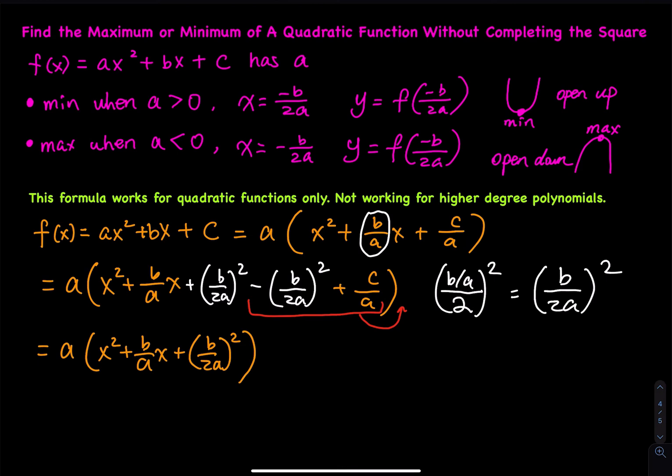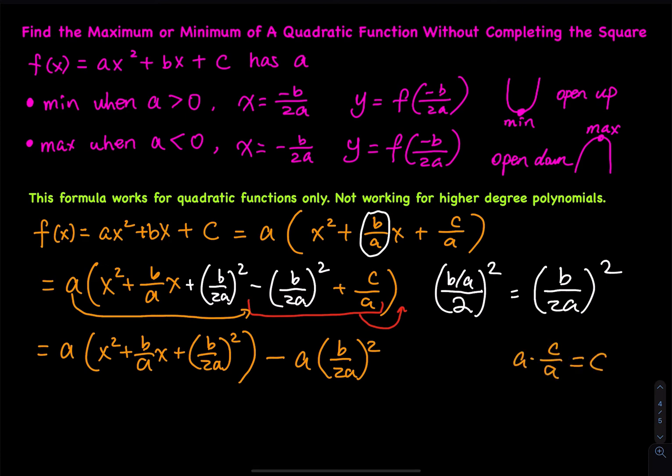Once you take it out, do we agree that you have to distribute the a as well? So you have to distribute the a first, and then take it out. So that becomes negative a times b over 2a squared. Because that is no longer inside the parenthesis, you have to toss the a to each member inside the red bracket. And then a times c over a is just equal to c, right?